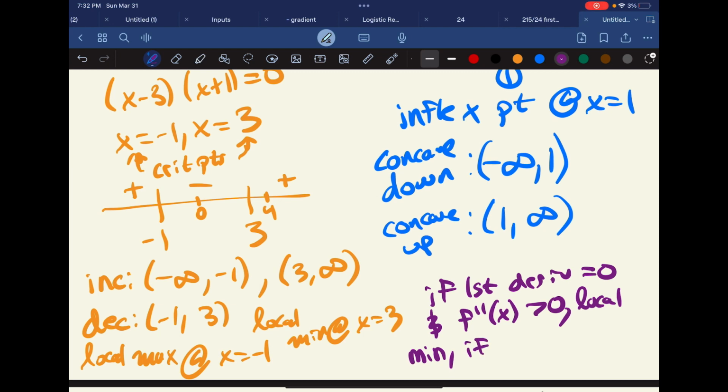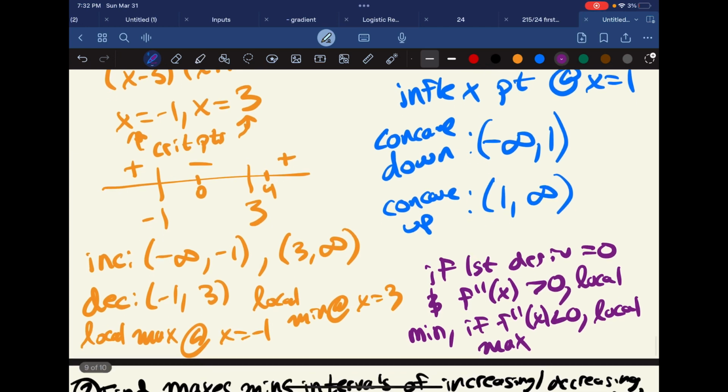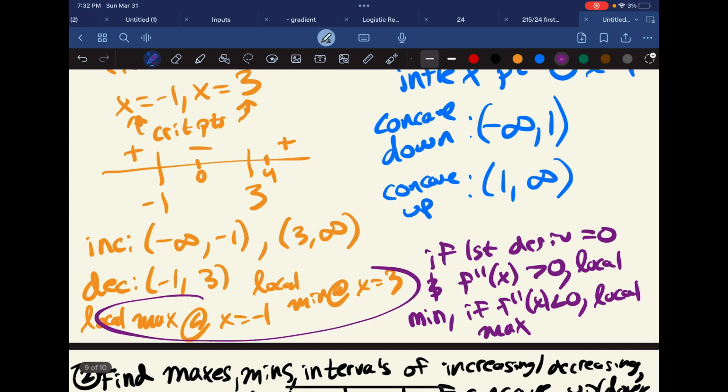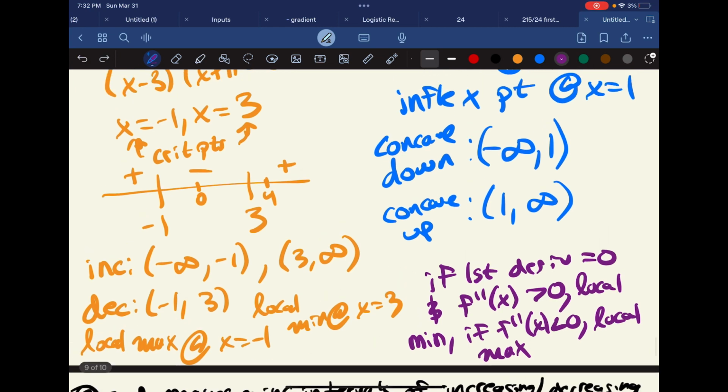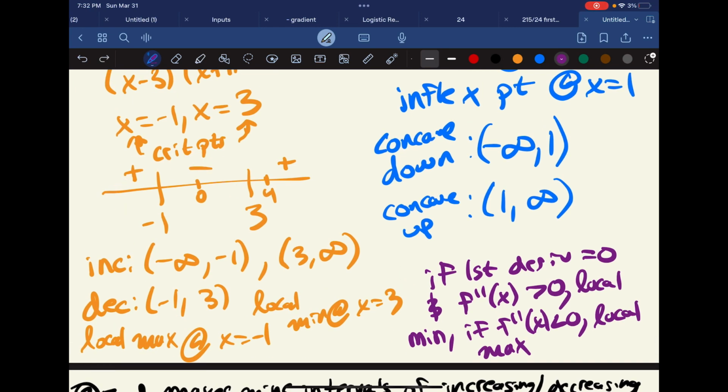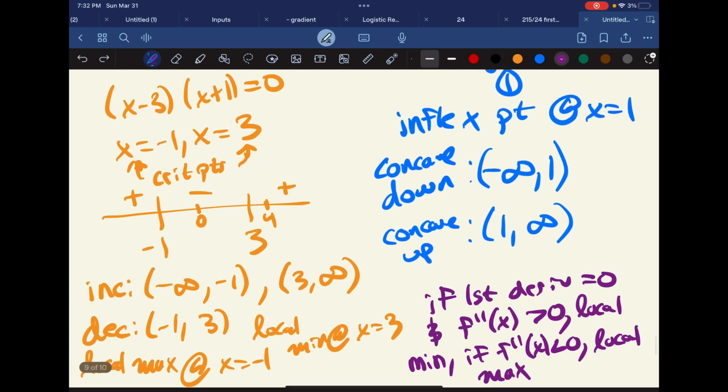If f double prime is less than 0, it's a local max. That's something that you could be responsible for knowing, I'm not sure. Basically, one way we figure out that we have a local max or a local min is by seeing where the sign changes.